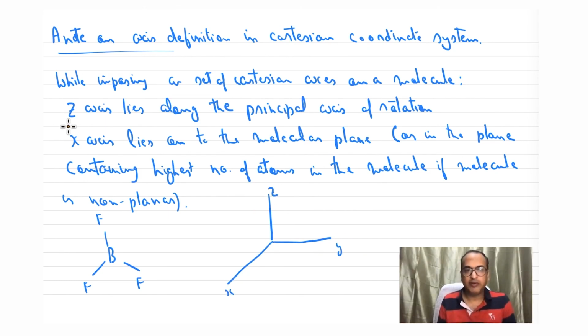So of course, if you have defined the z and x-axis positions, the y-axis is determined automatically by the right-handed coordinate system, right? So if we are keeping our molecule, the BF3, we have to put it such that the C3 axis, which is the principal axis, lies along the z-axis, right? So we will put B, F, F, F.